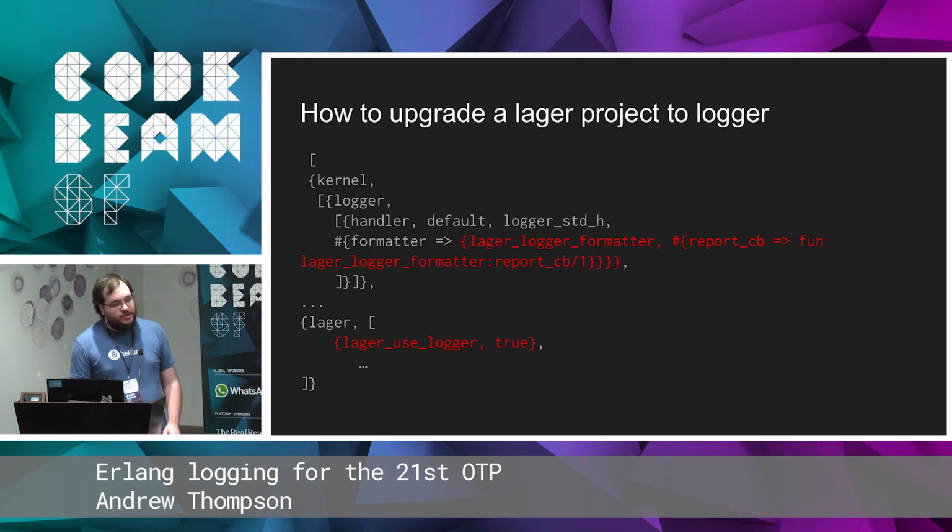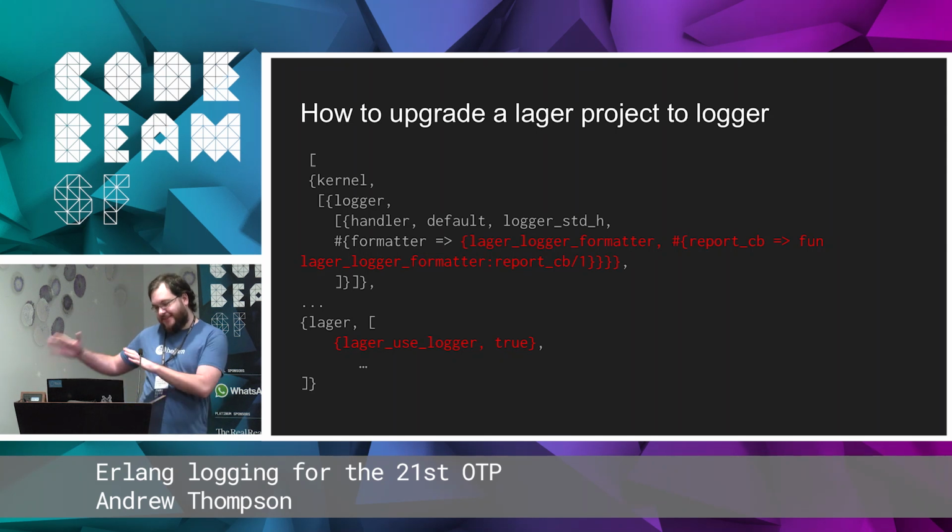So this is kind of the cheat sheet, I guess. If you have an existing logger project and you want to switch to the OTP logger, these are really the handful of things you need to do if you want it to look exactly the same. So you effectively change your default formatter to the logger formatter.